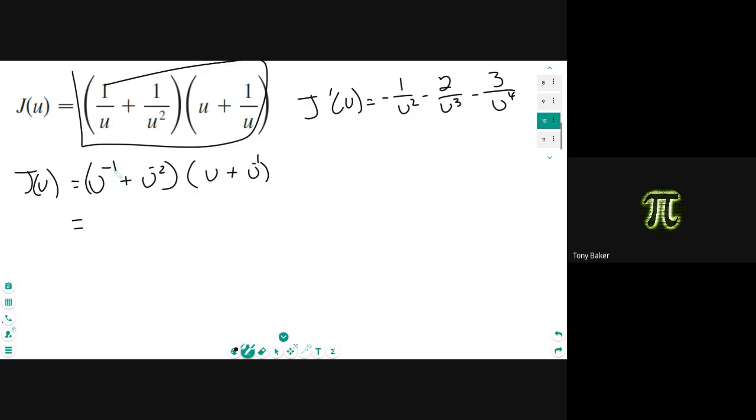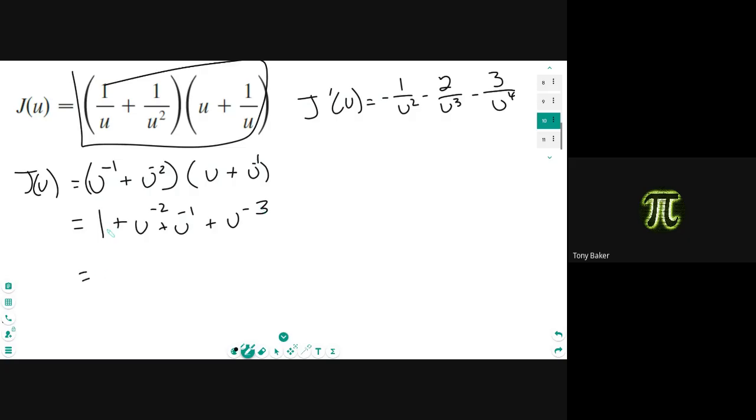So u times u to the negative 1 times u is 1, u to the negative second, plus u to the negative third. Oh, wait, sorry, not u to the negative third. That's 1. U to the negative 1 plus u to the negative third.